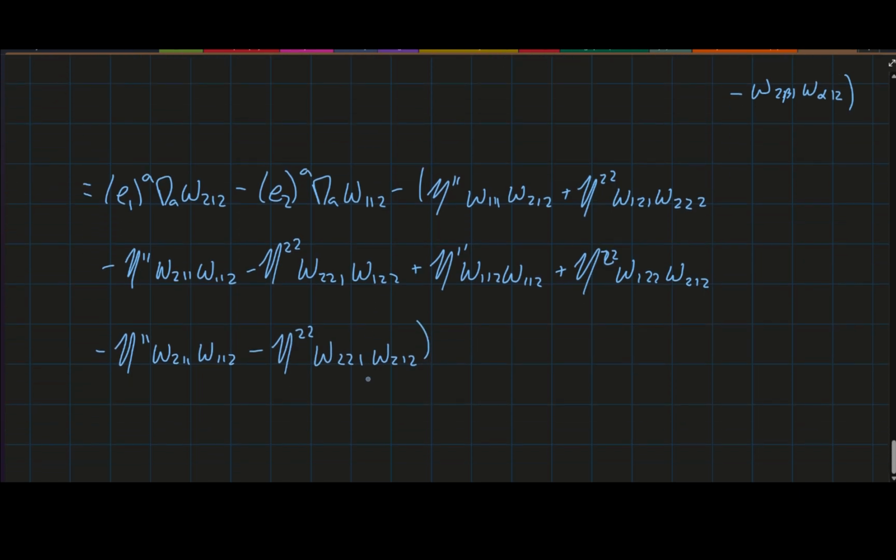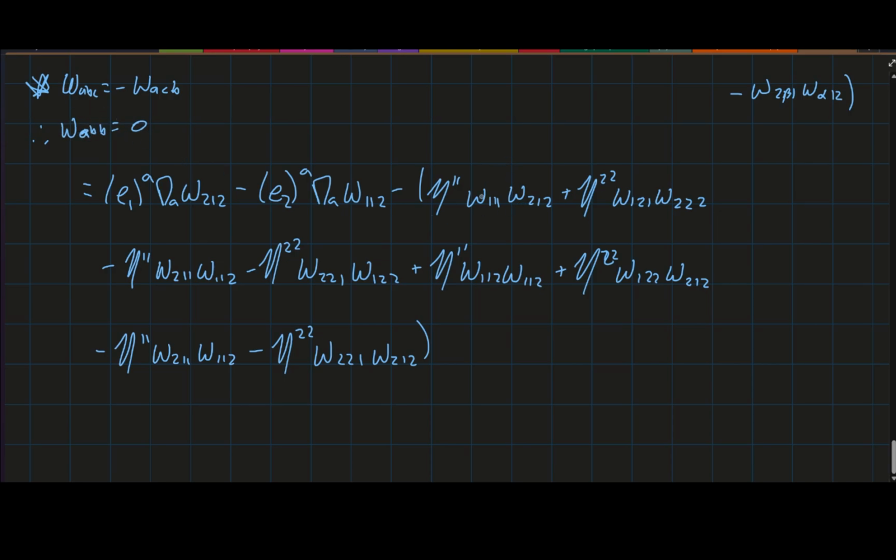Okay. So one thing we know about these omegas, the connection one forms, is that they are antisymmetric in the last two indices. So let's write this up here. WABC equals minus WACB. Therefore, WABB equals 0 trivially.